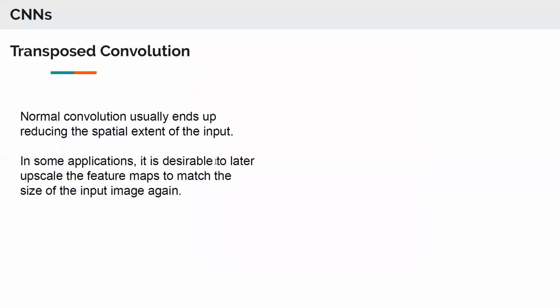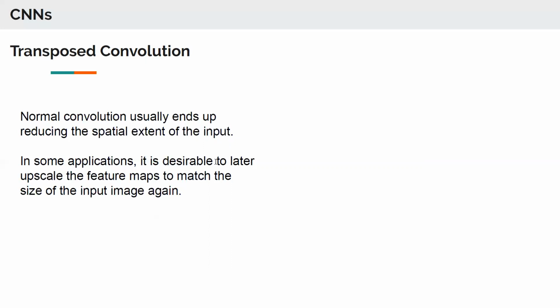Okay, so that was dilated convolution. And then finally, we want to look at transposed convolution, which basically serves the purpose of increasing the spatial extent of the output as compared to the input. So recall that in normal convolution, we always had this property that the output size would either be the same or would be smaller than the input size.